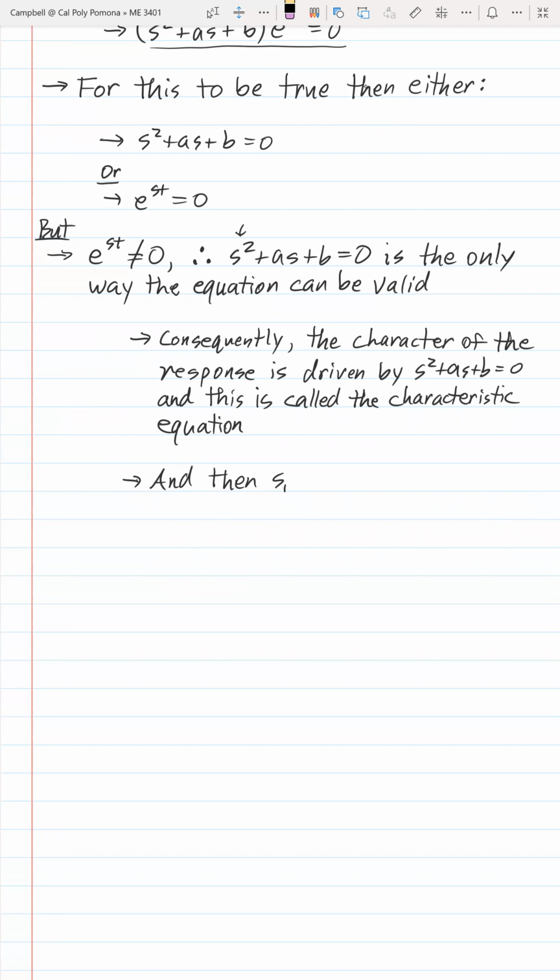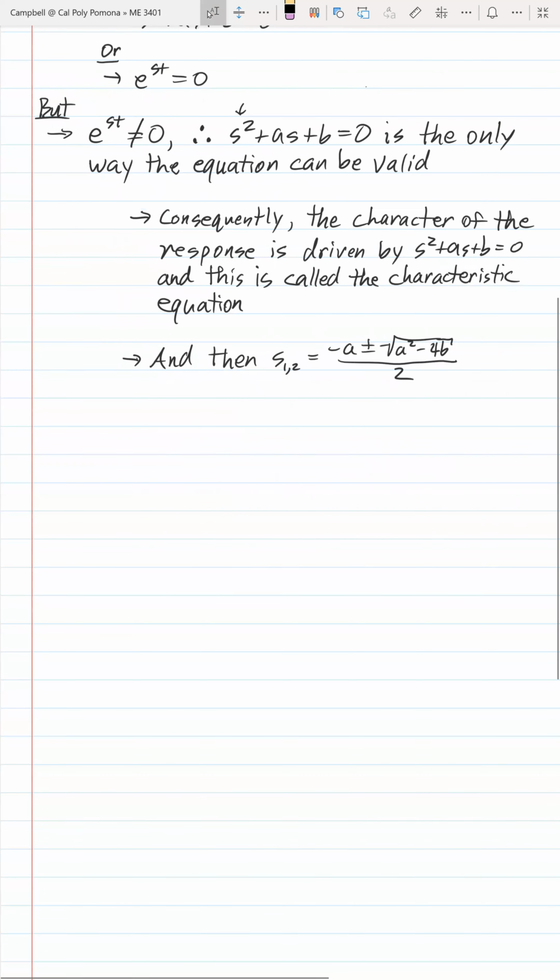So we can find s1,2 is equal to negative a plus or minus the square root of a squared minus 4b, all over 2. Here I'm already capturing that the leading coefficient is going to be 1. We'll rewrite this quadratic formula in a slightly different way a little bit later, because it'll be more convenient for us, but clearly this is what we're dealing with if we want to find those particular values of s that satisfy this equation.